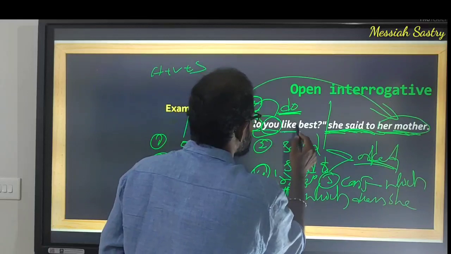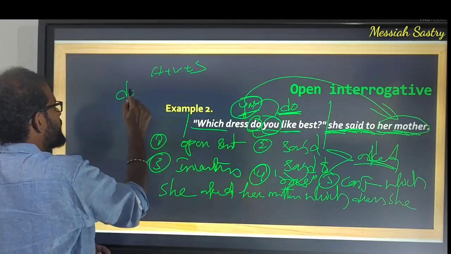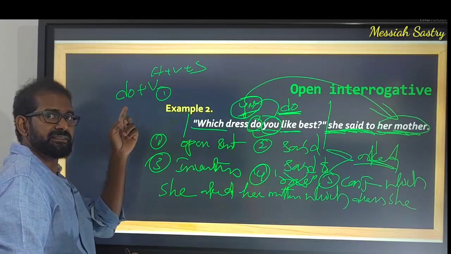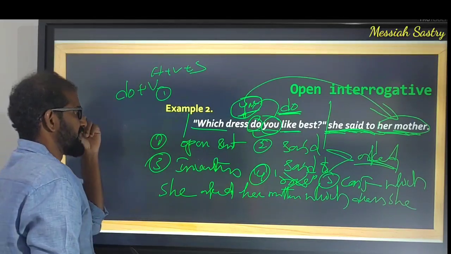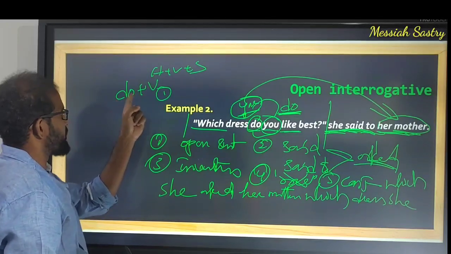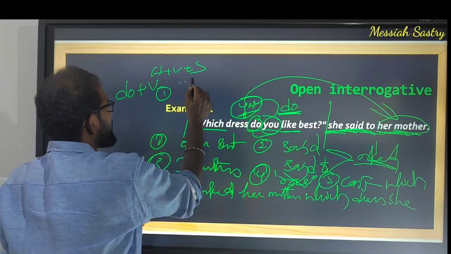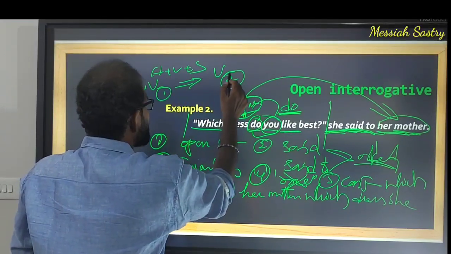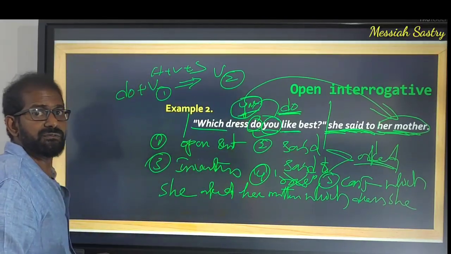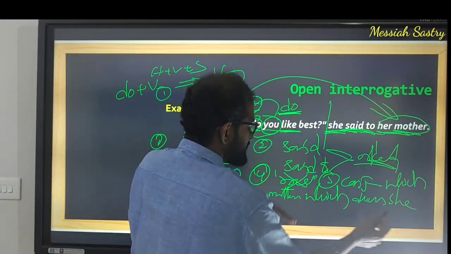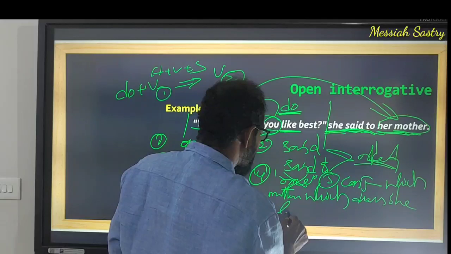Do like. See here, do like. Do plus V1. We discussed this point while discussing tense forms. Do plus V1 changes to V2. Now what is V2? Like, V2. Which dress she liked.